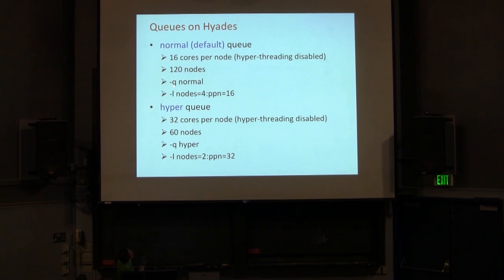This -q means the normal queue, and here, if you want 64 cores, you will see I want 4 nodes, right? Each node has 16 cores, processors per node 16.